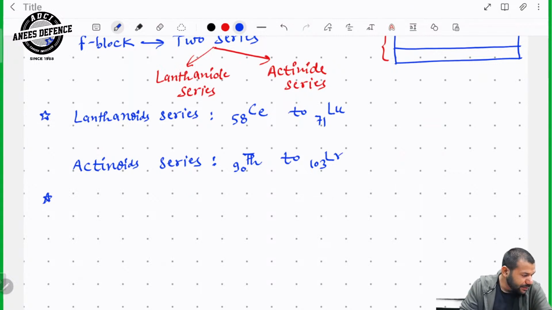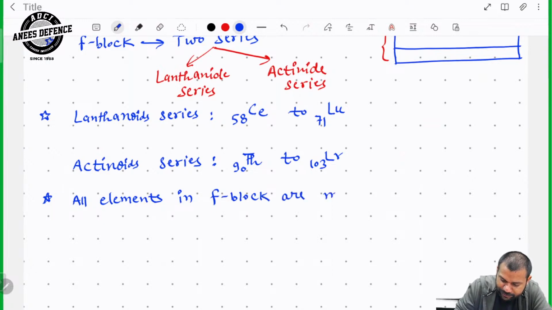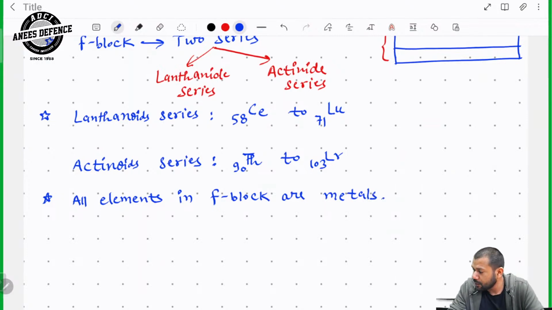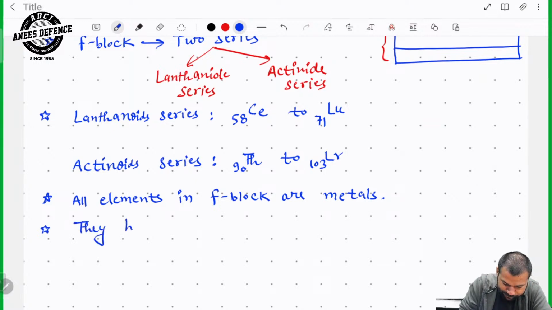Next point is all elements in F block are metals. In F block, all the elements are metals. And they have extremely high melting point and boiling point.